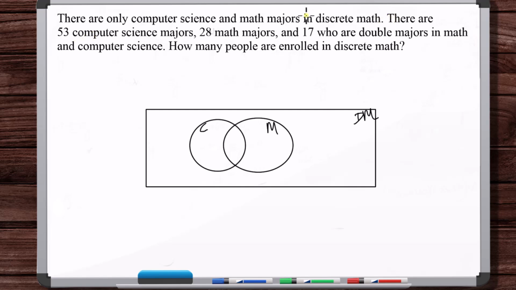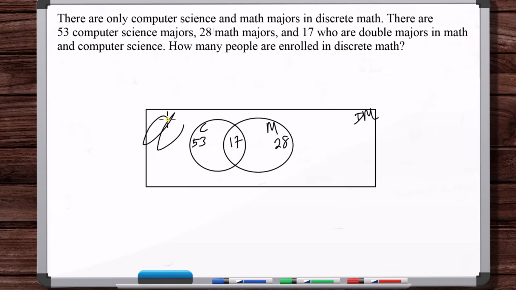So there are 53 who are definitely majoring in computer science, 28 who are definitely majoring in math, and 17 who are double majors.